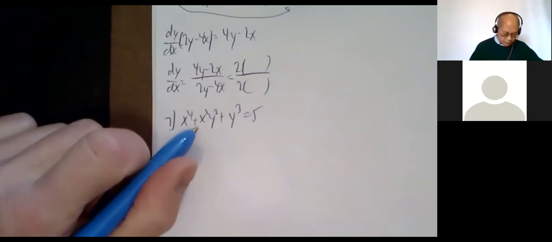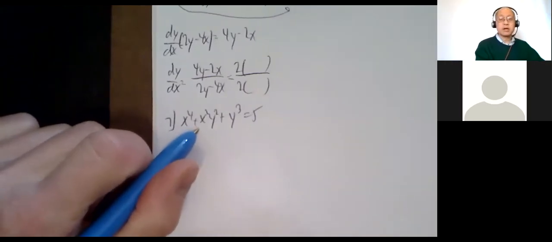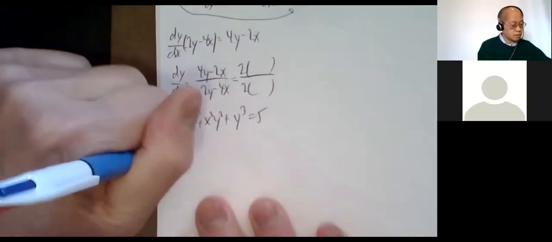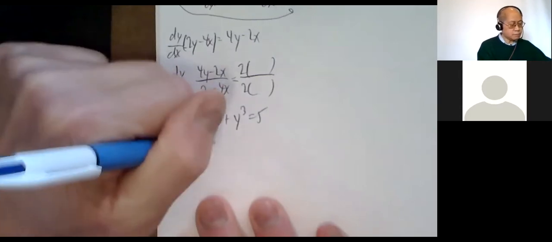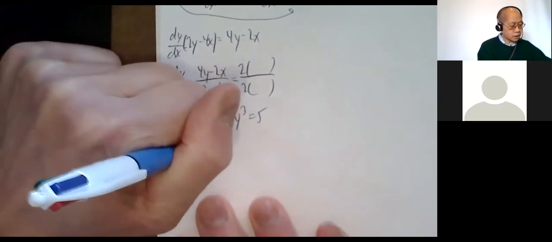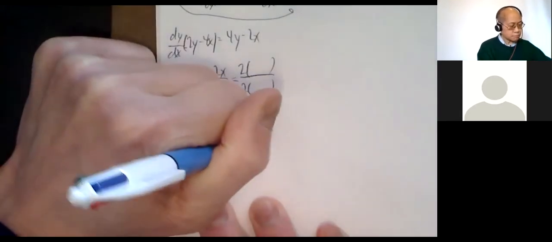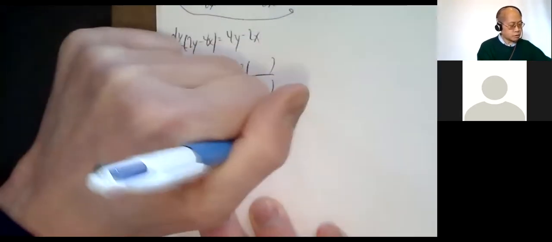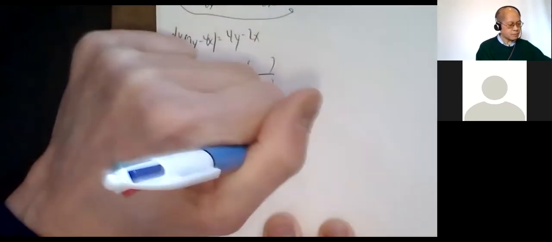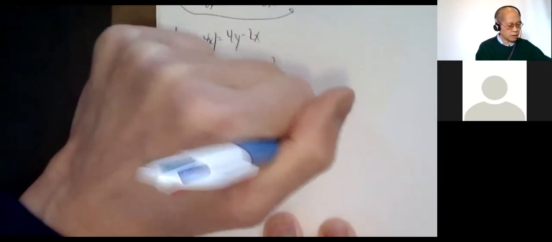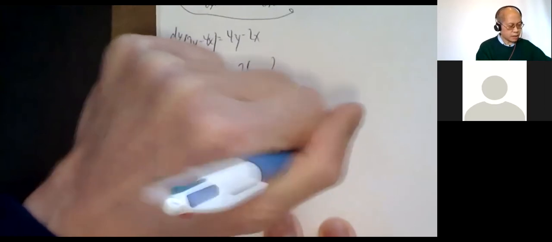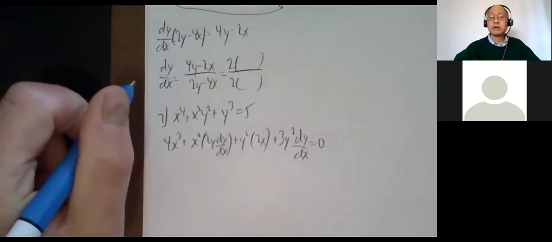Okay, so this is x squared y squared. Okay, so product rule here, 4x cubed plus x squared times 2y dy dx plus y squared times 2x plus 3y squared dy dx equals 0.